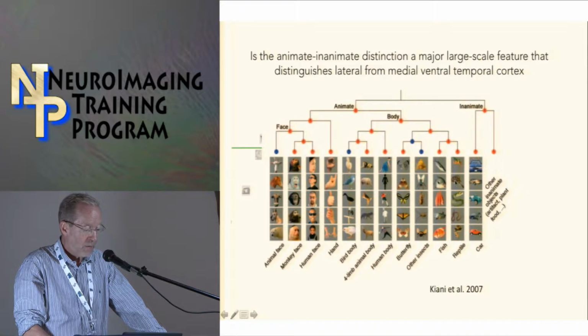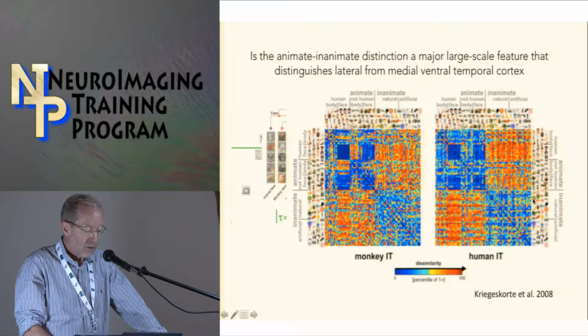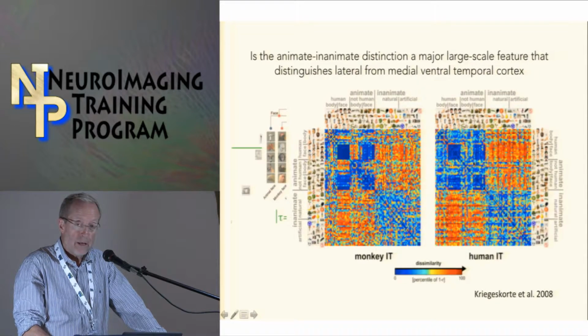So there are these animate categories of different kinds of faces and bodies. And Kriegeskorte took the data of Kiani and then got some fMRI data using the same stimuli and showed that the biggest distinction in the representational space in human ventral temporal cortex also was the distinction between animate and inanimate.